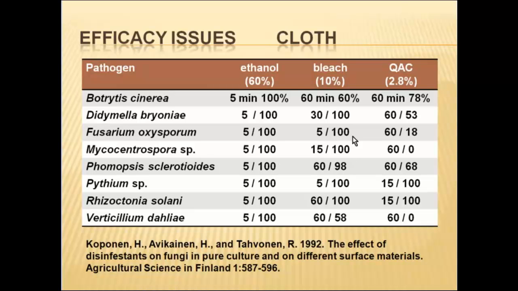With bleach, you got 100% efficacy against 6 of the genera, but not against the other 2. And with the 6 that you achieved 100% efficacy, it took different periods of submersion or contact time. So with Pythium, a 5-minute contact time, you got 100% mortality. With Rhizoctonia, it took a 60-minute contact time.